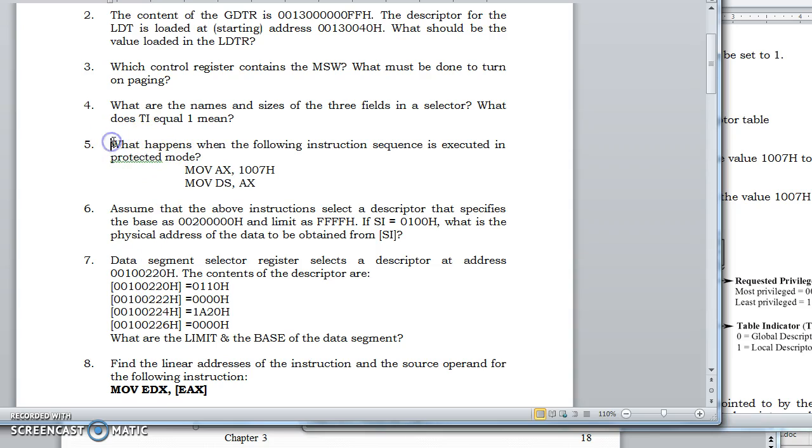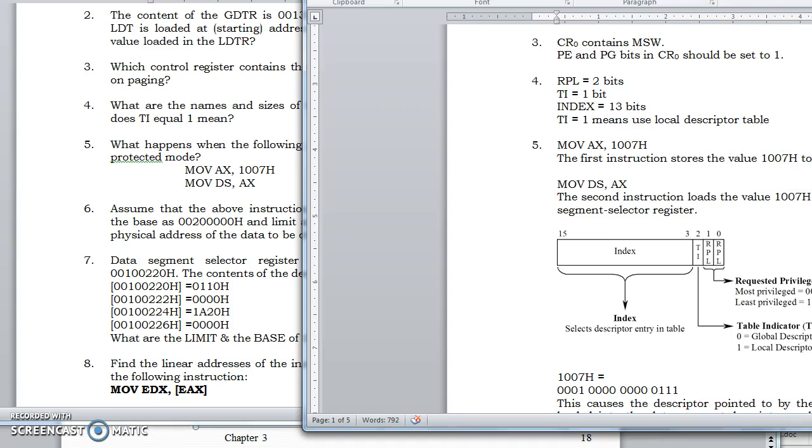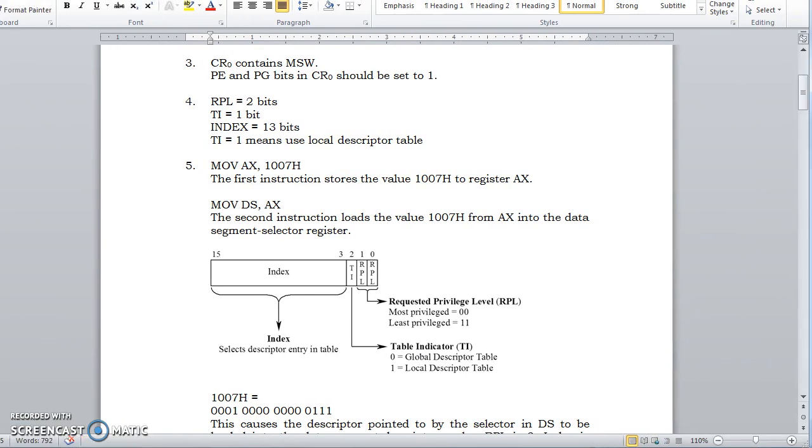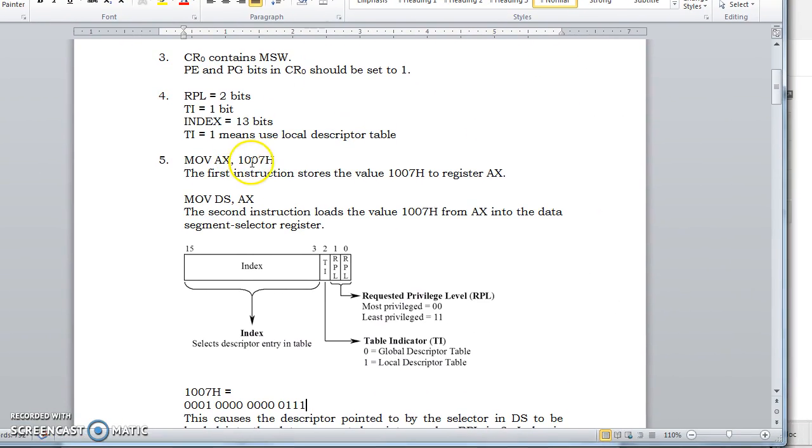What happens when the following instruction sequence is executed in protected mode? MOV AX, 1007H; MOV DS, AX. So what happens is, when we move 1007H into AX, this will store the value 1007H in the register AX.